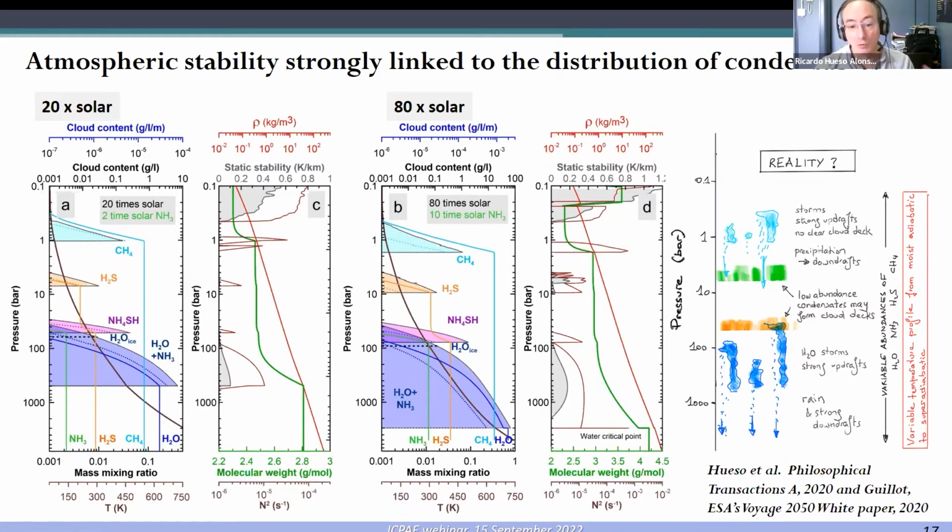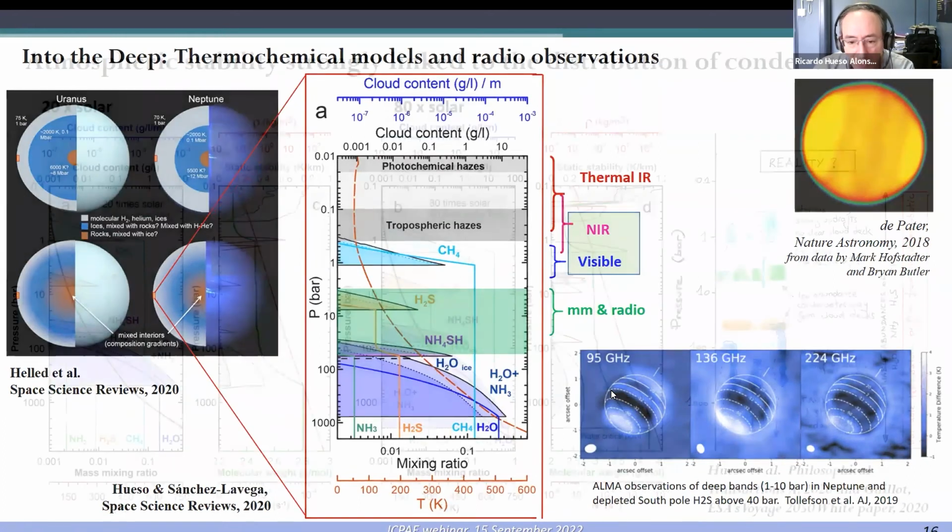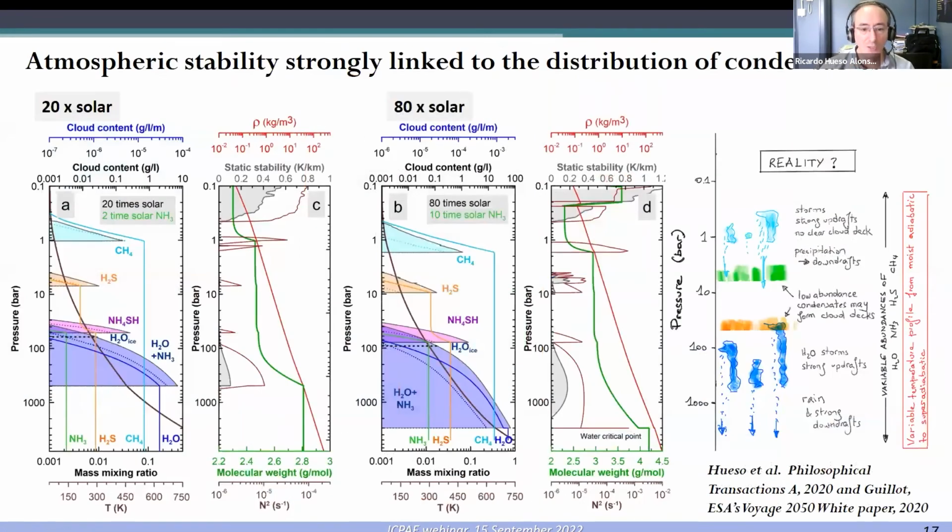You are able to have differences in condensables in their abundance at different latitudes. There is evidence of that in maps in the millimeter and radio wavelengths like these ones. And so your atmosphere is going to be very complex because you are going to have different abundances in different locations. They are going to change the vertical gradient of the winds. And you may have something that is very complicated, in which sometimes you can have some moist convection, sometimes you cannot because of this strong stabilization effect.